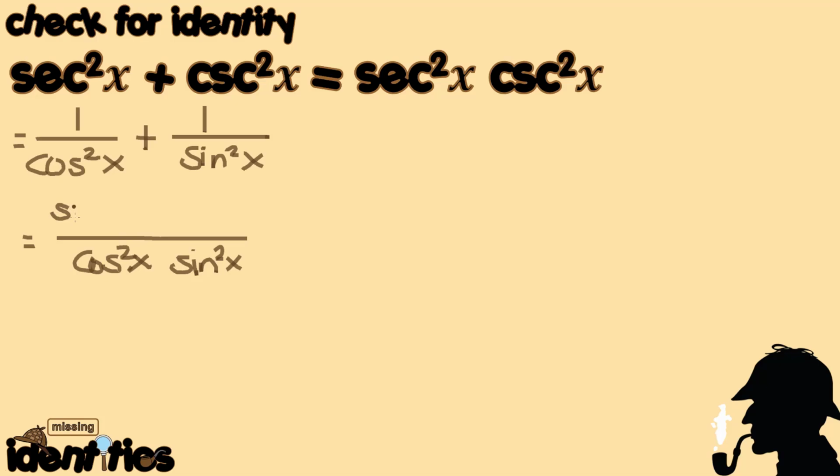So you have here sine squared x. That's for the first. Of course, if you're not convinced, you can simply simplify this. You'll just return to 1 over cosine squared x, your original first rational expression.